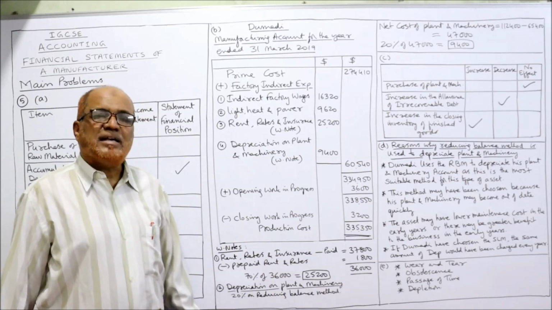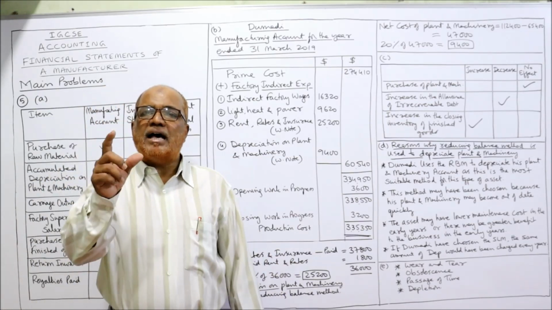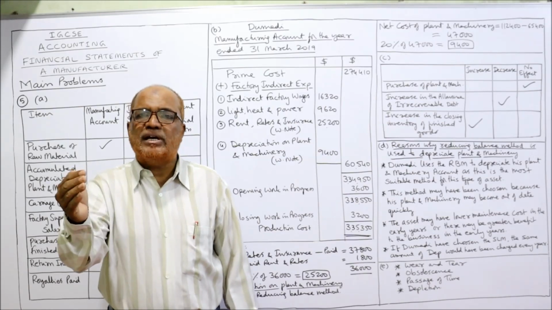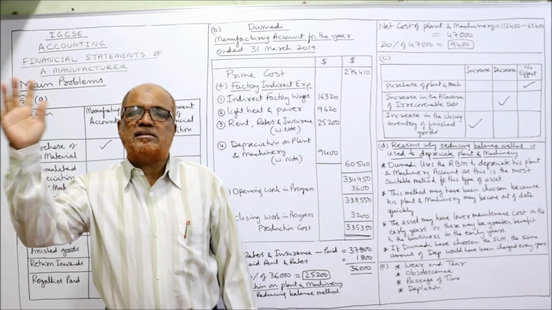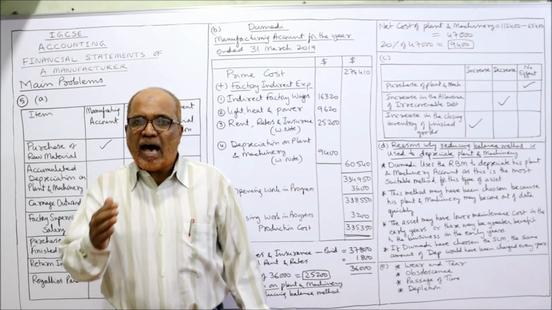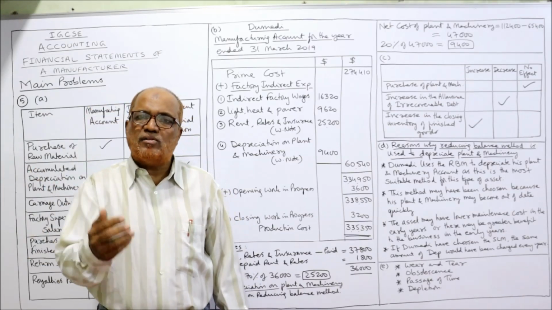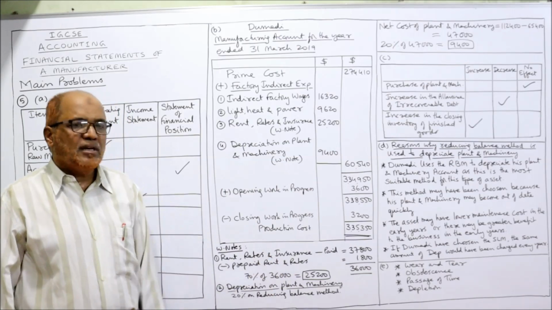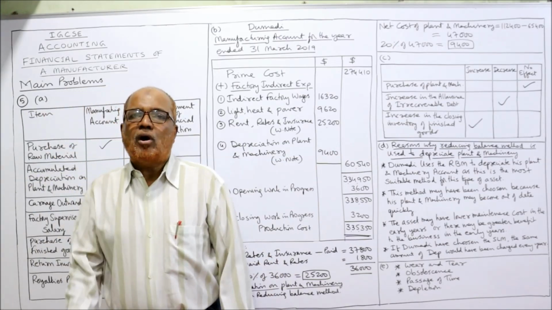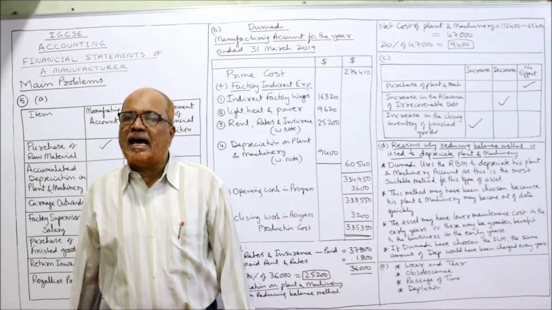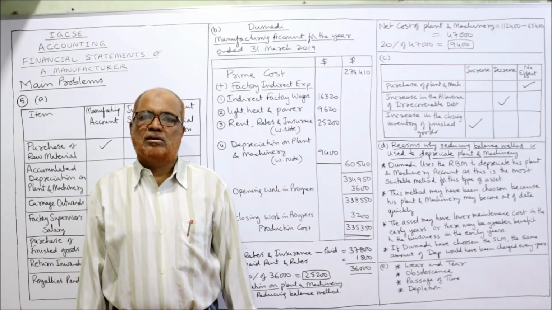Third one is passage of time. Some assets are there whose value will decrease not by usage but simply by passing of time. As the time passes by, the value will get decreased. That is also one of the reasons. Last, one more reason, depletion. Normally depletion is a word which is applied for extracting the natural resources.